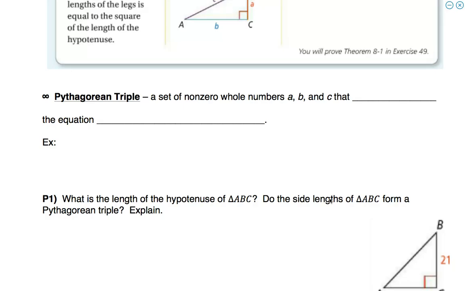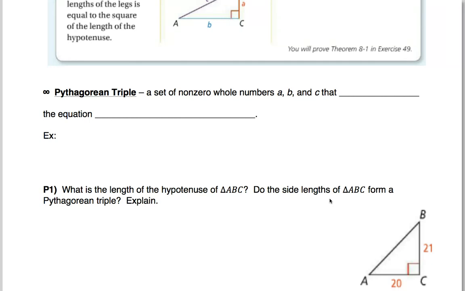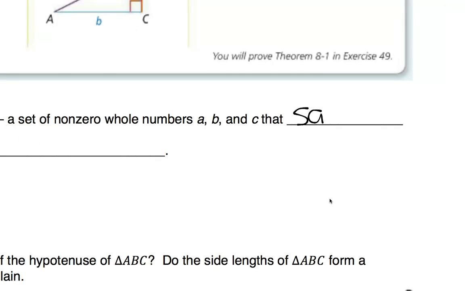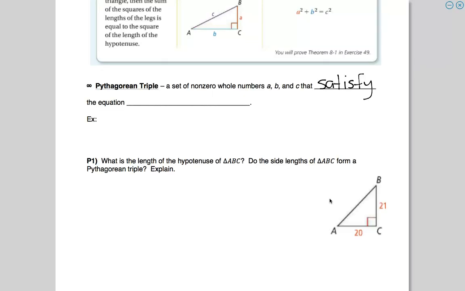Now, a Pythagorean triple is a set of non-zero whole numbers A, B, and C that satisfy the Pythagorean theorem.